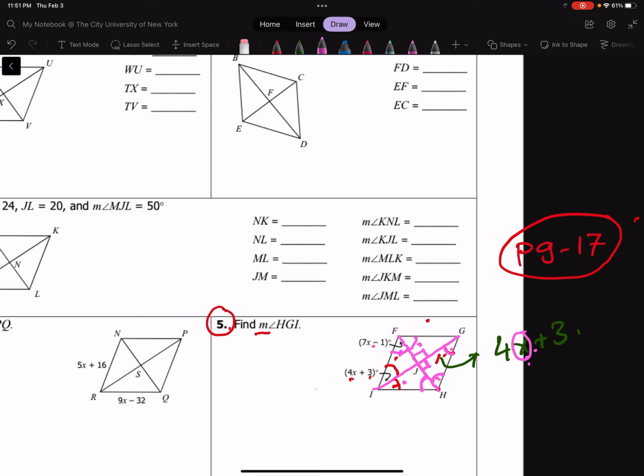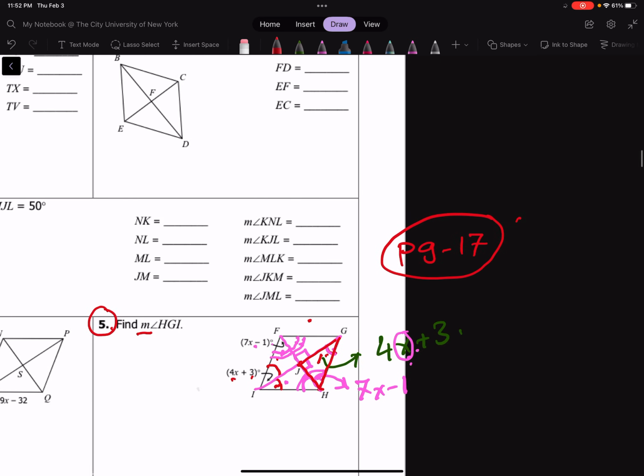So this angle has to be 7x minus 1. Now you got a right angle triangle here, and you have all three angles.